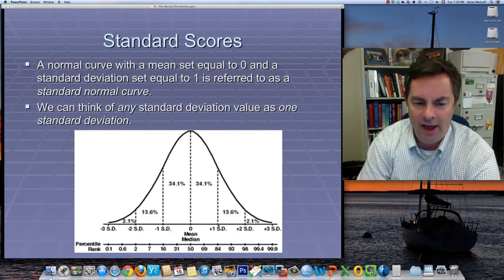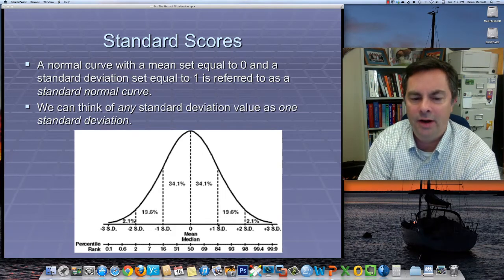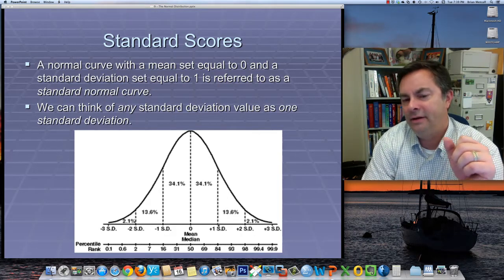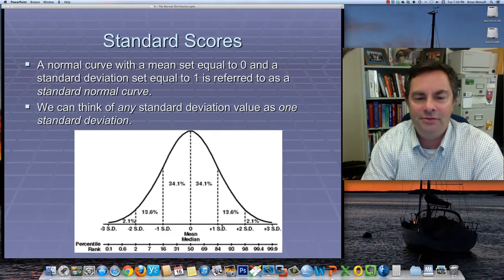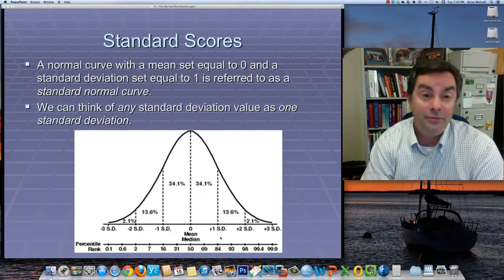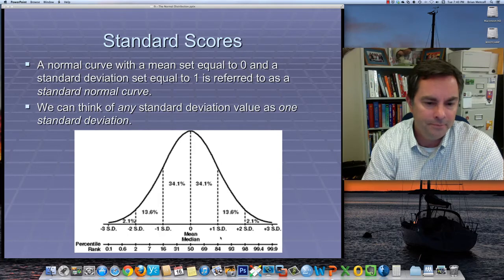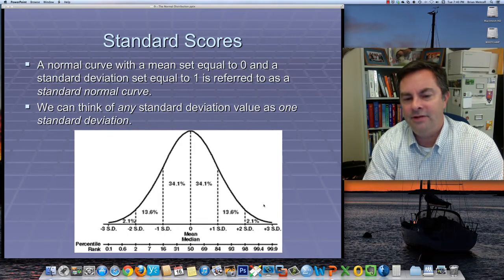Well, we had half in the bottom half, so 50% plus that piece, 34.1, is, like it says underneath there, approximately 84%. So if you have an IQ of 115, that puts you in about the 84th percentile. 84% of the world has an IQ matching yours or lower. About 16% are above you.